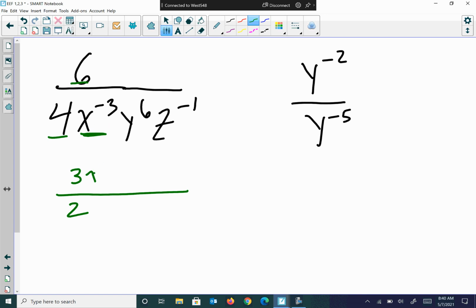If I move it up here, I get that. What else is going to join upstairs? The y to the 6? No, the y to the 6 is not a negative exponent. But the z to the negative 1 is. There it is. There's my answer.